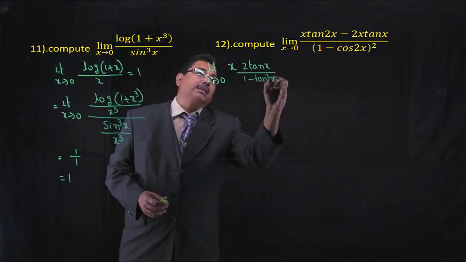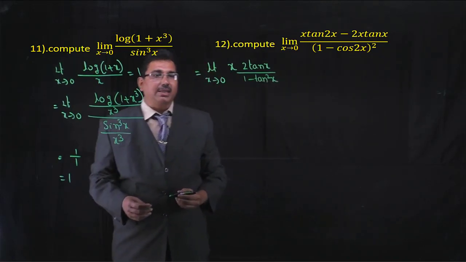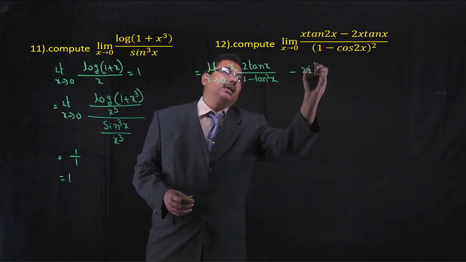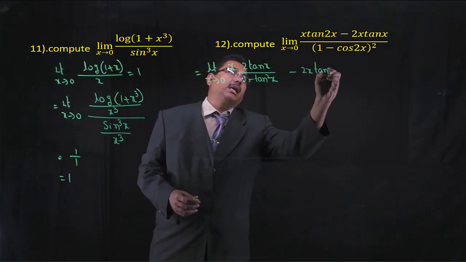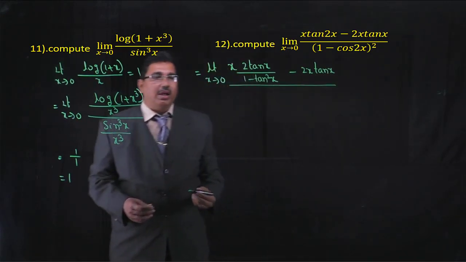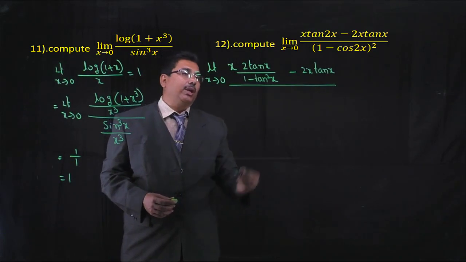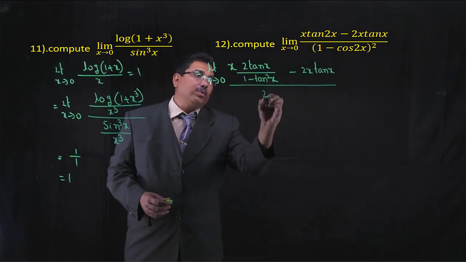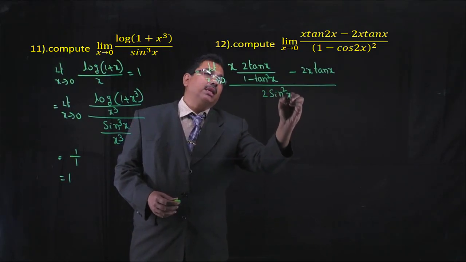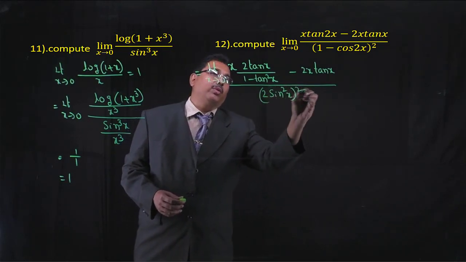So we have 2 tan x by 1 minus tan square x, minus 2x tan x, divided by (1 minus cos 2x) whole square. 1 minus cos 2x is 2 sin square x.